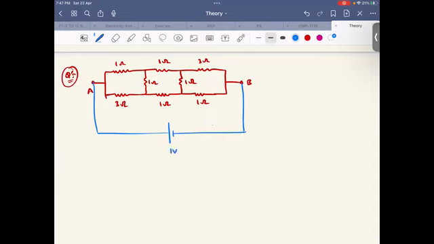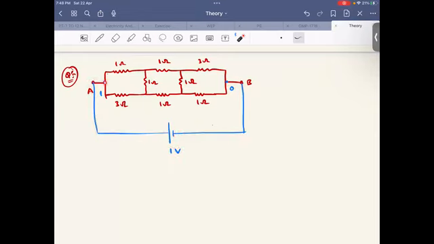Let's say I'm using a 1 volt battery here. That means this side is 1 volt, and obviously this node will have 0 volt, as this is the potential difference. This side will be 1 volt, right?